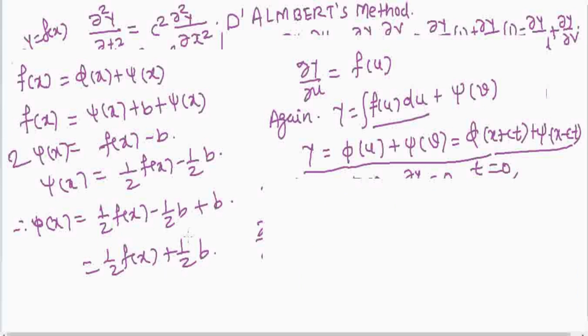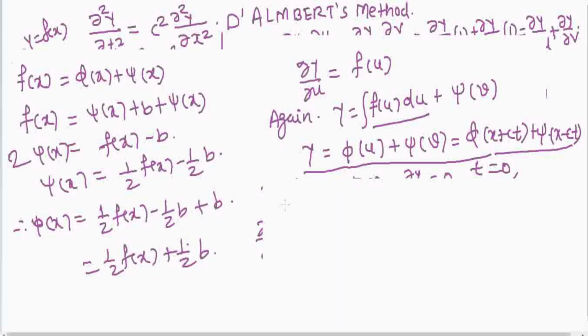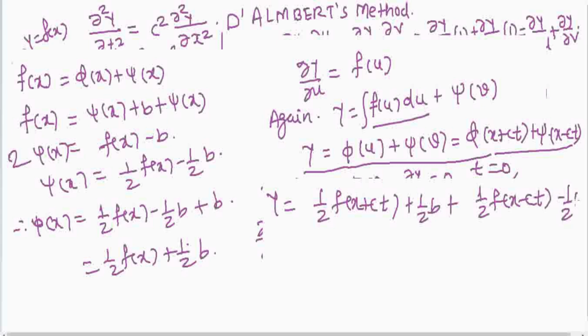Here y equal to phi of (x plus ct), that means 1/2 f(x plus ct) plus 1/2 b, plus psi of (x minus ct), 1/2 f(x minus ct) minus 1/2 b. The plus 1/2 b and minus 1/2 b will be cancelled, and we have 1/2 into [f(x plus ct) plus f(x minus ct)].